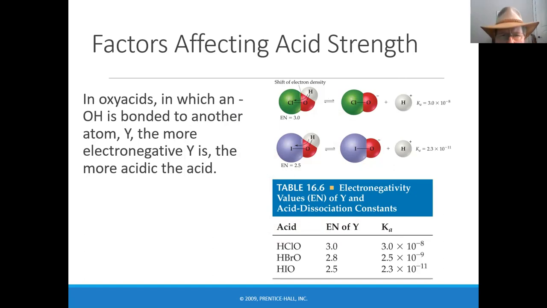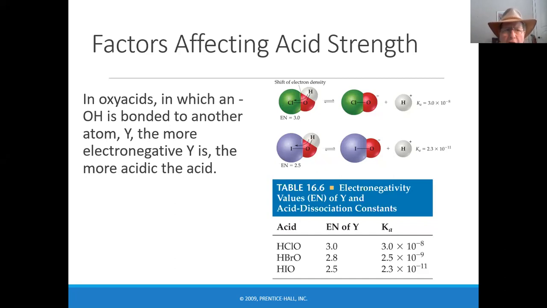Let me repeat that. If H is just attached to the element in terms of a binary acid like HBr, H2S, something like that, the more the electronegativity, the weaker the acid, because the H is directly bonded to that element.